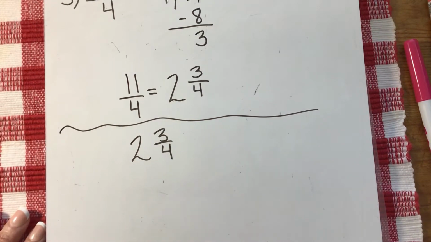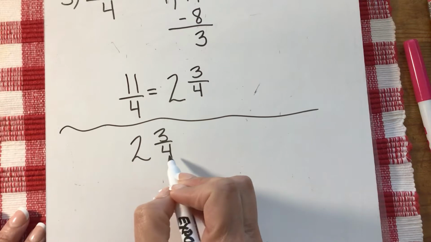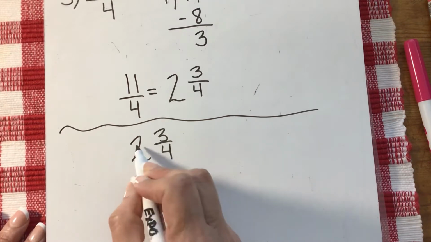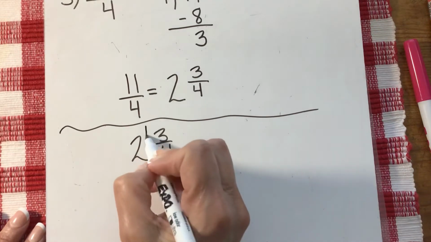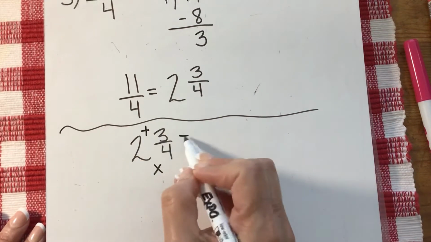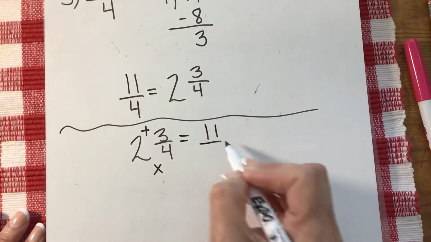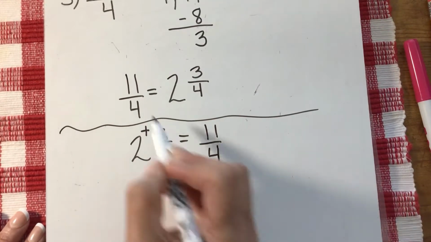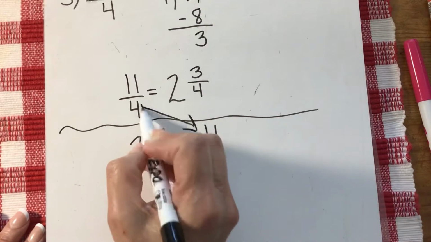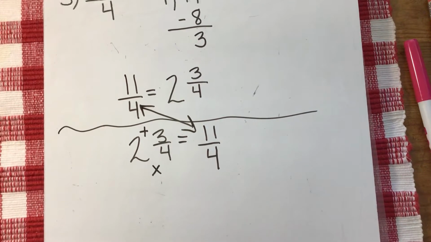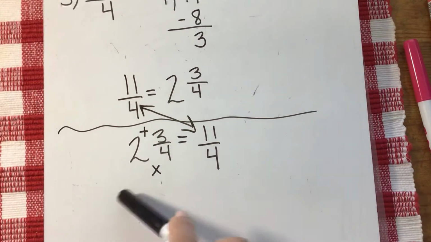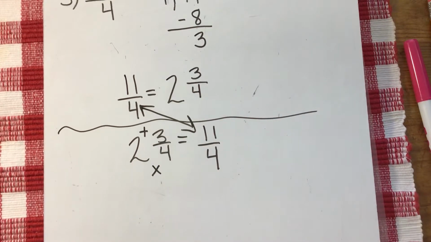Let's try that. Remember from the last video, 4 times 2 is 8. 8 plus 3 is 11. Your denominator stays the same. Well, look at that. Aren't they the same? They sure are. So you're working back and forth, and you're going to end up with the same answers one way or the other. So hopefully that is making sense to you.